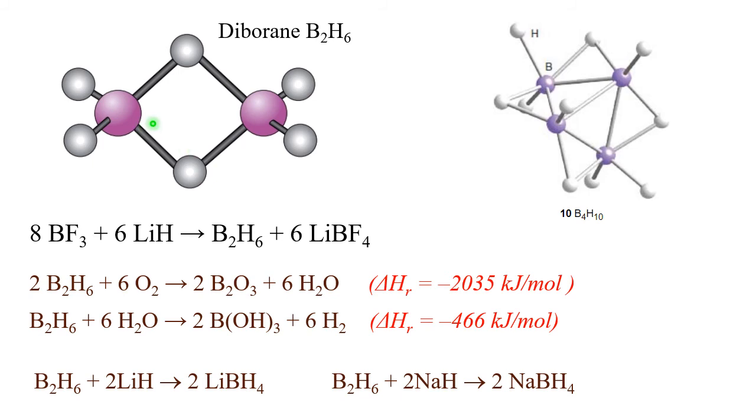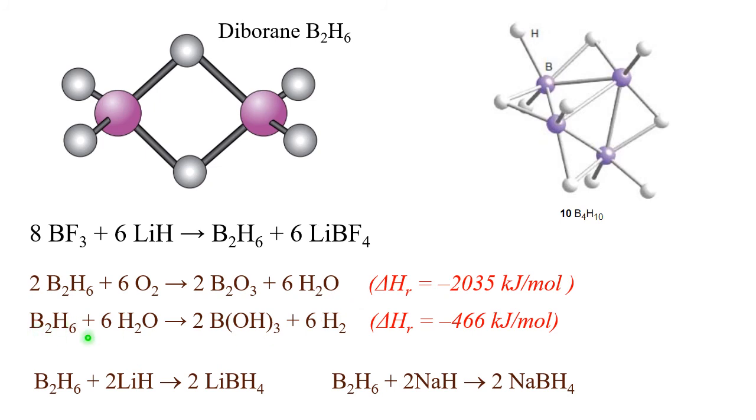There are plenty of compounds like that of different structure. They are cationic, anionic, with very complex and very interesting chemistry. All of these compounds are unstable even with traces of air. They react with oxygen violently, with very high heat effect, making boron oxide and water.